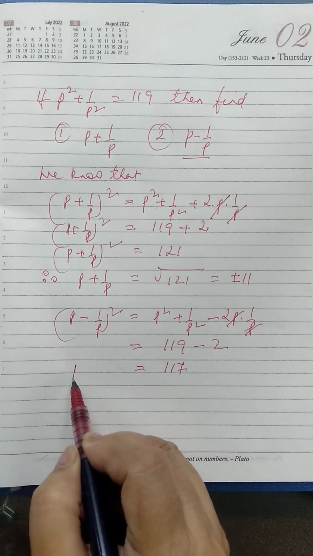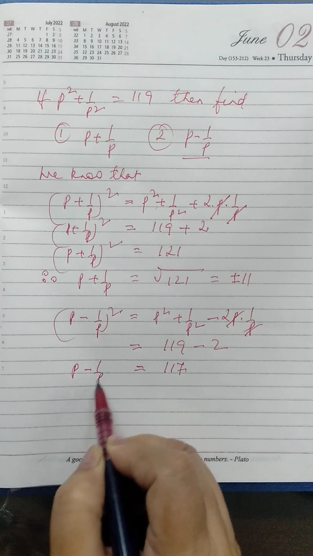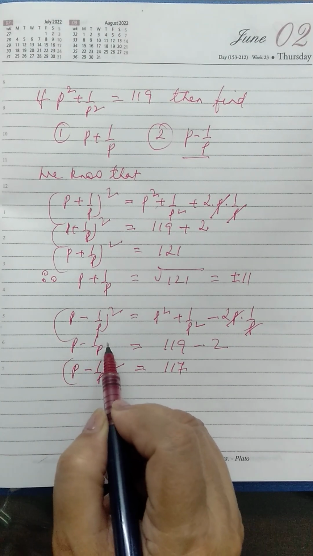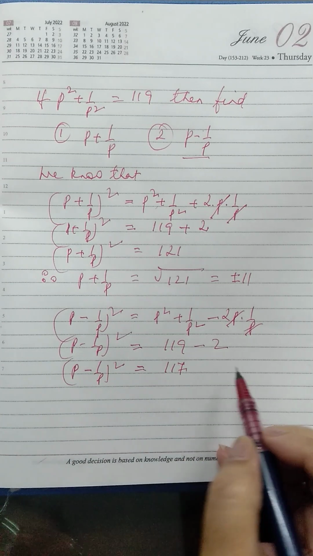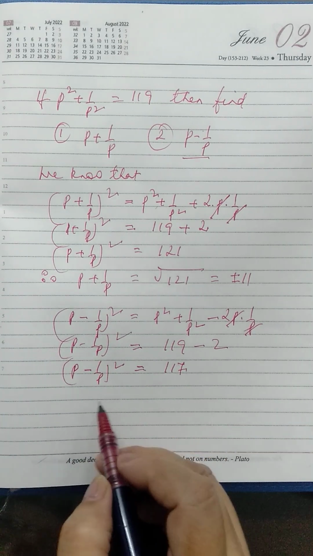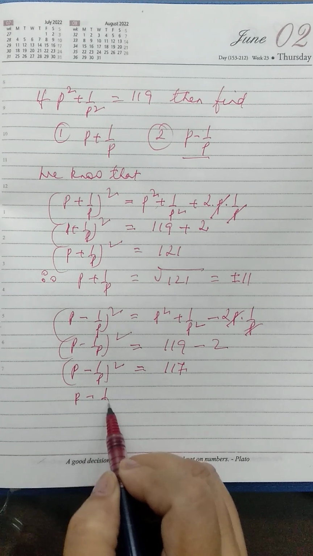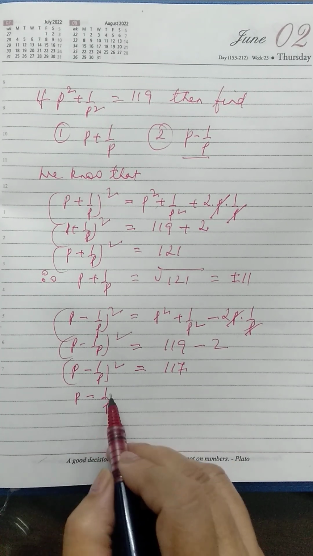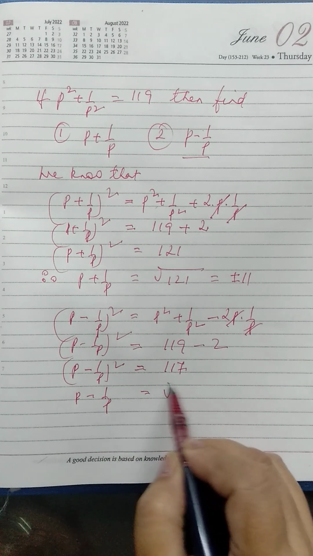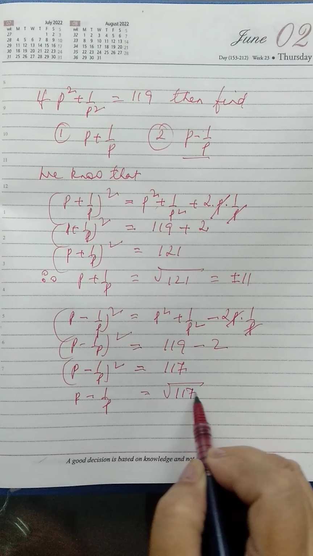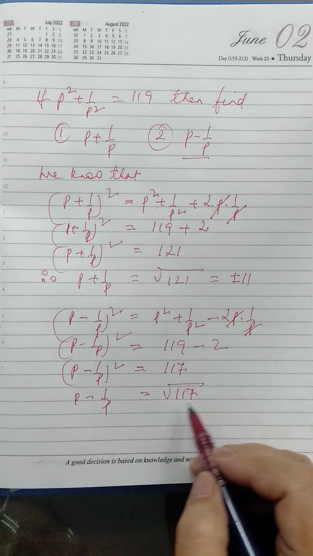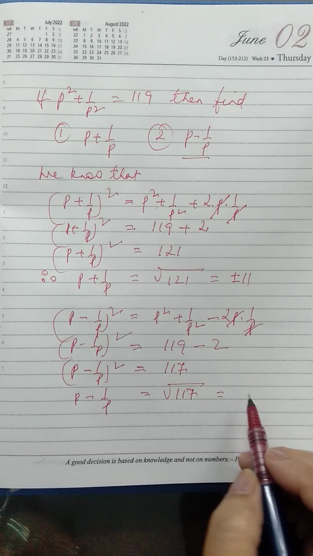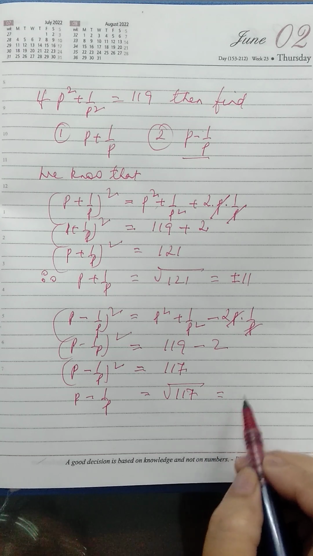So, p minus 1 by p whole square is equal to 117. Now, I am supposed to be finding out the value of p minus 1 by p, which means I have to square root 117, and this will be equal to, again, in terms of surds.